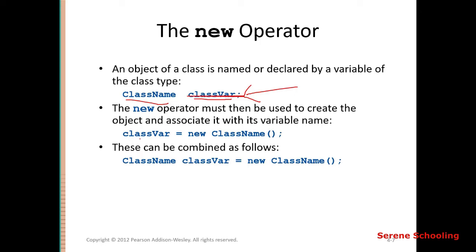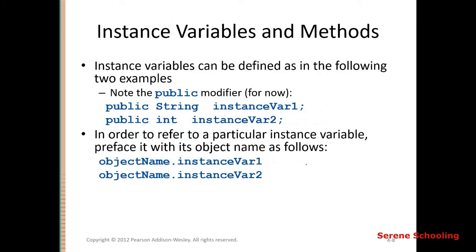But to create an actual object, in other words to initialize it, I have to use the new keyword, and then the class name. Instead of doing this in two lines, you can do this in one line like we did before. Like we used the Scanner class, then we gave the object name that is input, then we used the new keyword, and then the class name. So you are familiar with this terminology.